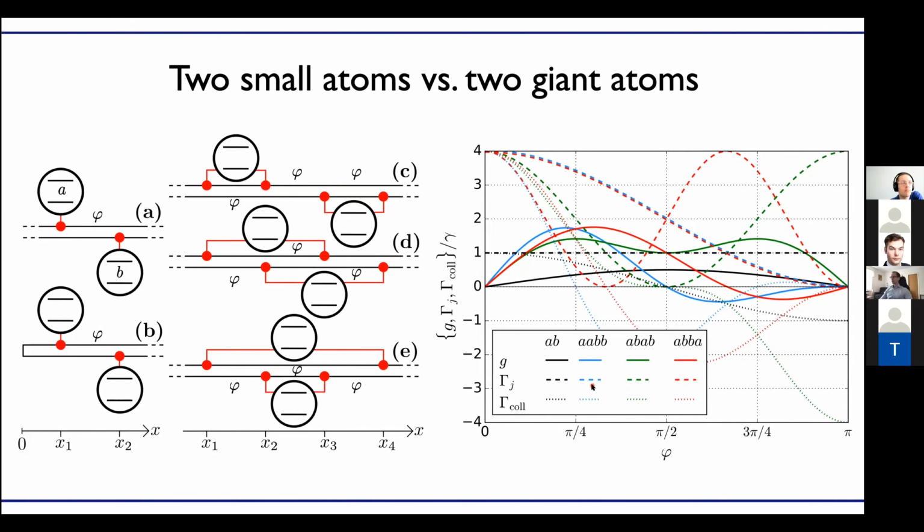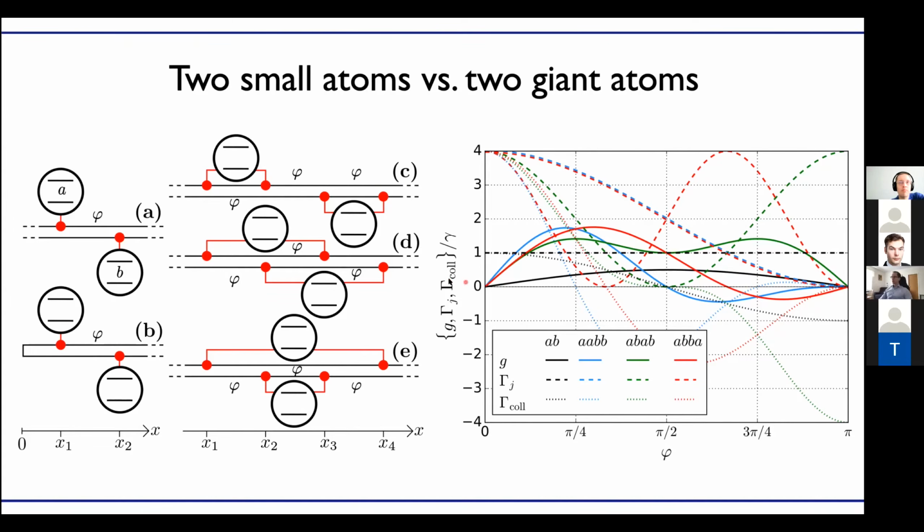So if we see, for example, these separate giant atoms, in C here, that's the blue lines. We see here that the individual decay goes to 0 when phi is equal to pi, so half a wavelength between the coupling points. And at this point, also the collective decay in dotted line and the exchange interaction, everything goes to 0. Maybe not so interesting.